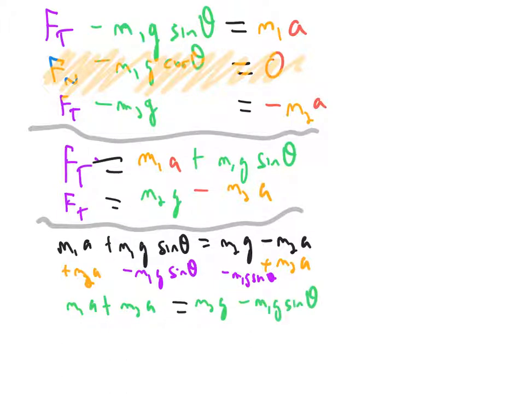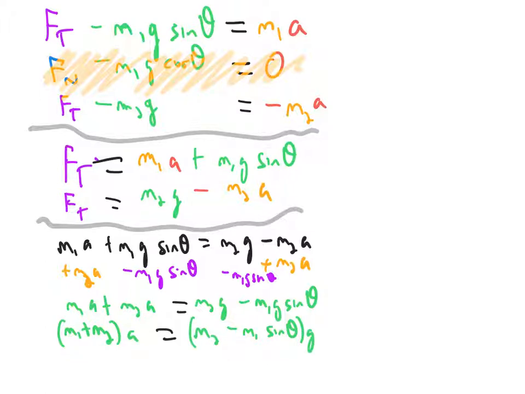I'm going to do just a tiny bit more math tricks. I'm going to factor out the acceleration on the left, and I'm going to factor out g on the right. So I end up with m1 plus m2 all times a is equal to m2 minus m1 sine theta all times g.